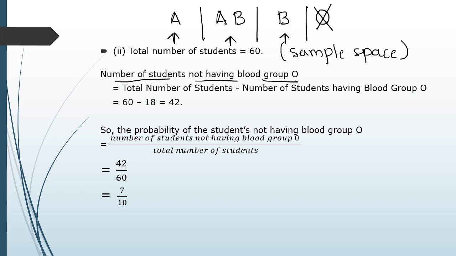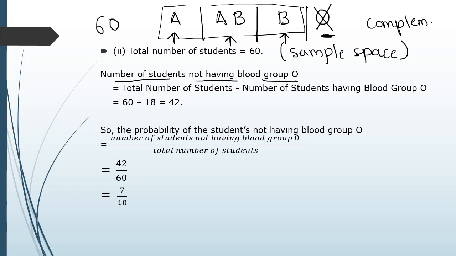The only thing is that we don't want blood group O. So if from the total number of students, 60, we subtract the number of students having blood group O, we get the remaining students who have these 3 blood groups. Yes, that is finding the complement of the set.